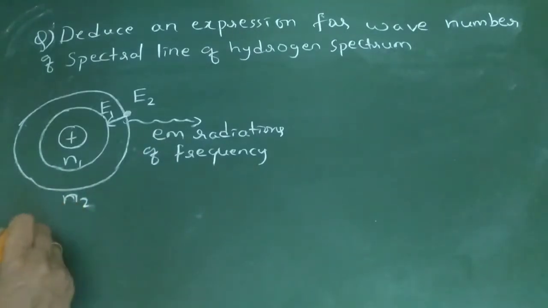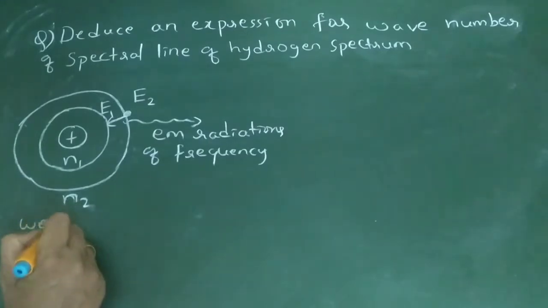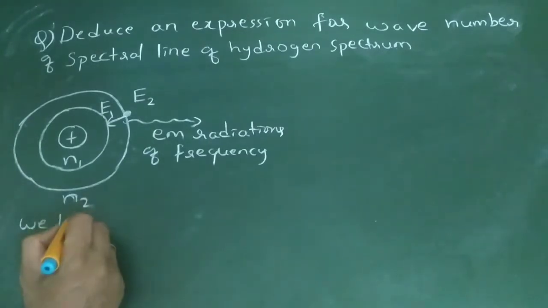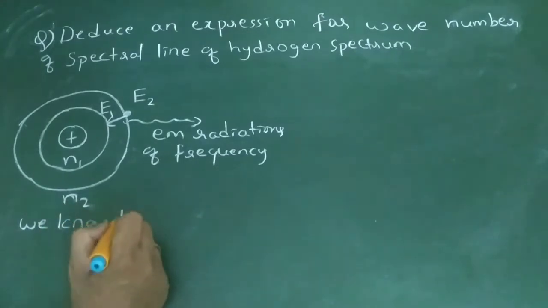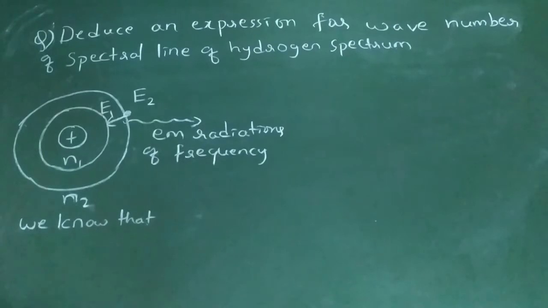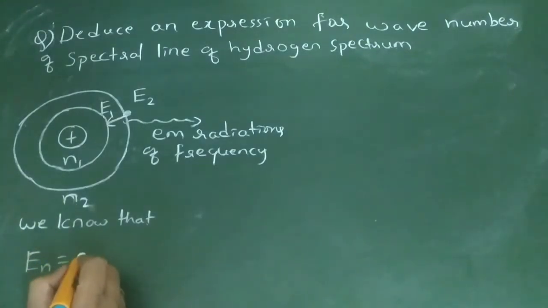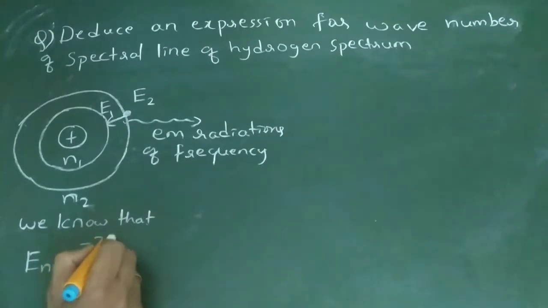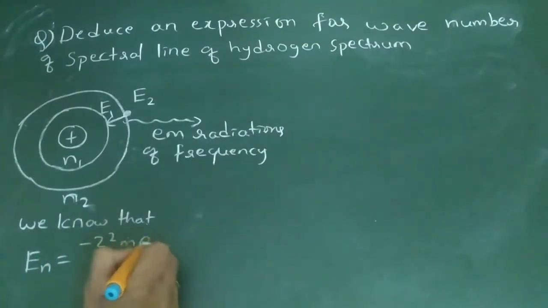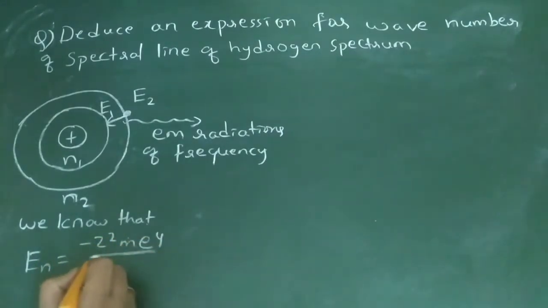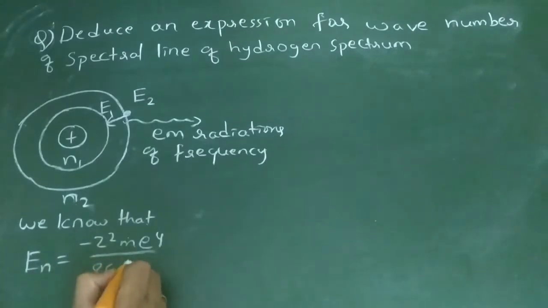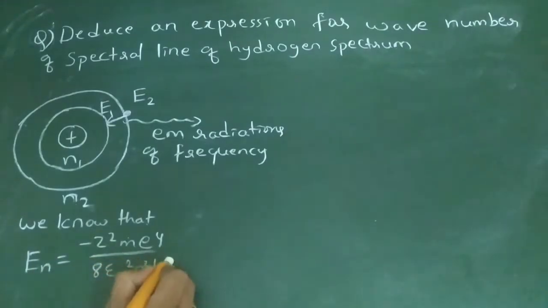For this, first you remember, from here only I am going to start. We know that the energy of the nth orbit, which we have already seen, is given by minus Z square m e to the power of 4 divided by 8 epsilon naught square n square h square.